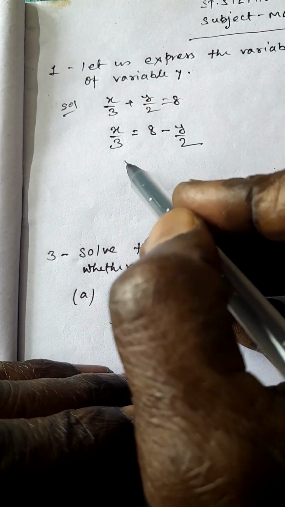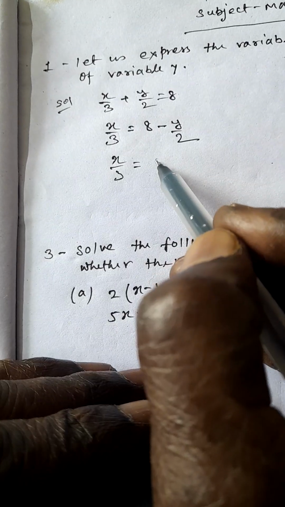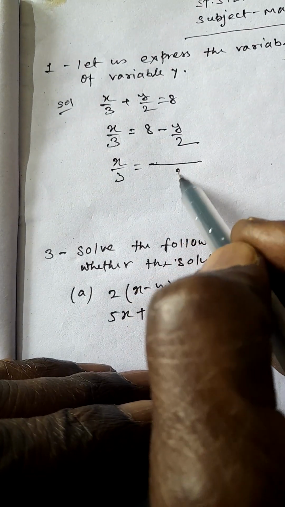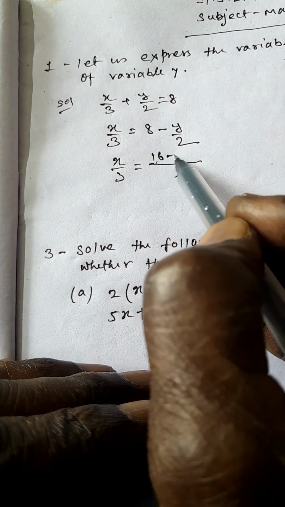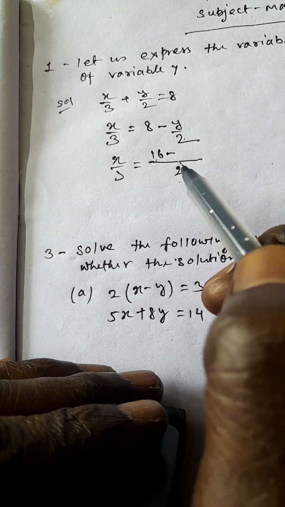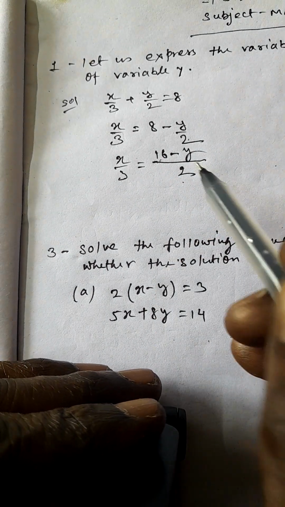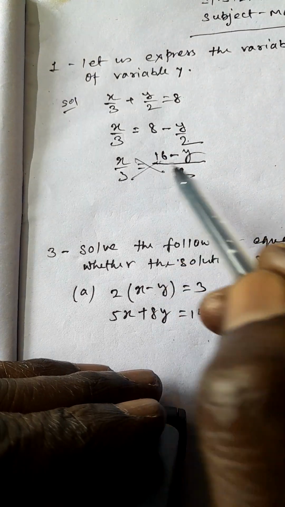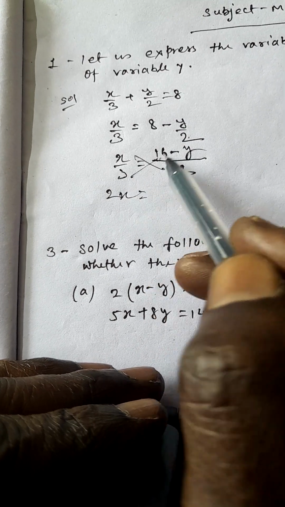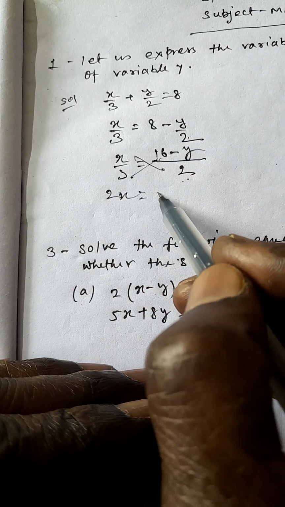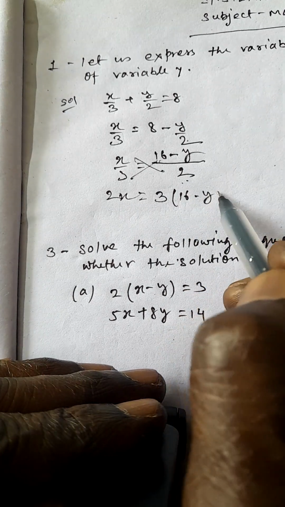Now x upon 3 is equal to, if you take the LCM, 2 is the LCM, so 2 into 8 is 16, and 2 into y is y. Now cross multiply: 2 into x is 2x, and multiplying with 3, you get 3 bracket 16 minus y.